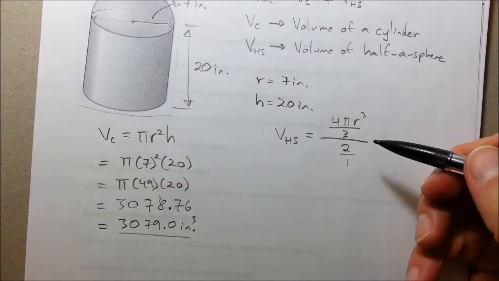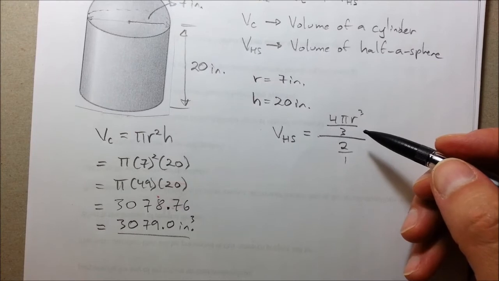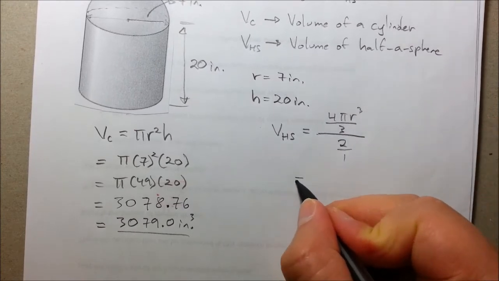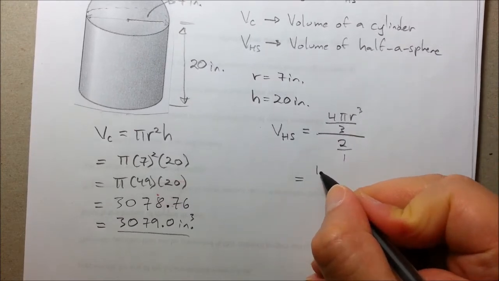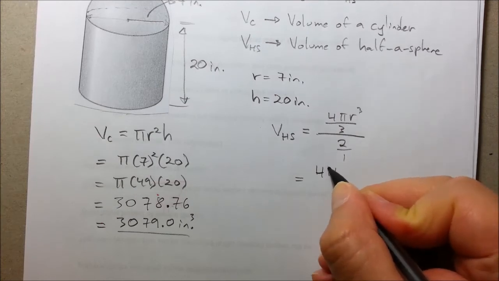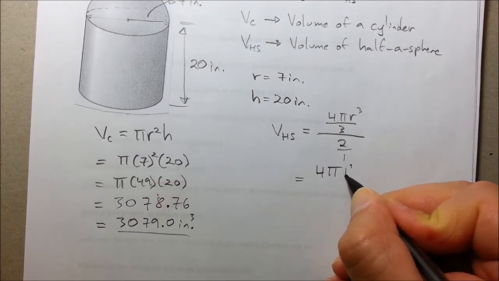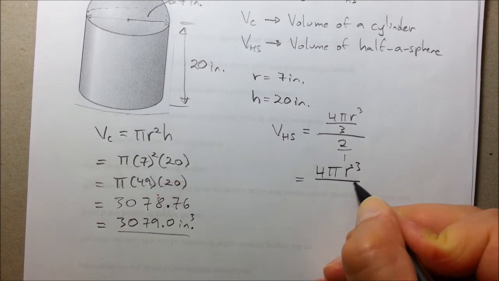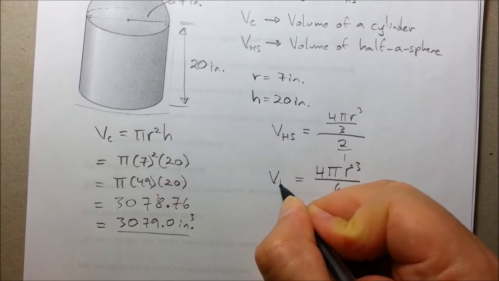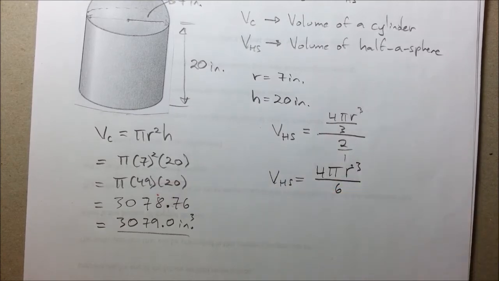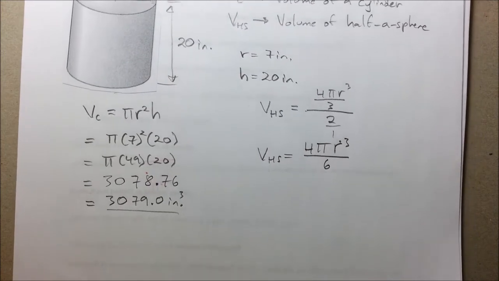If you review your fraction operations, eventually the formula for the half a sphere is going to be 4 pi r cubed over 6. VHS.